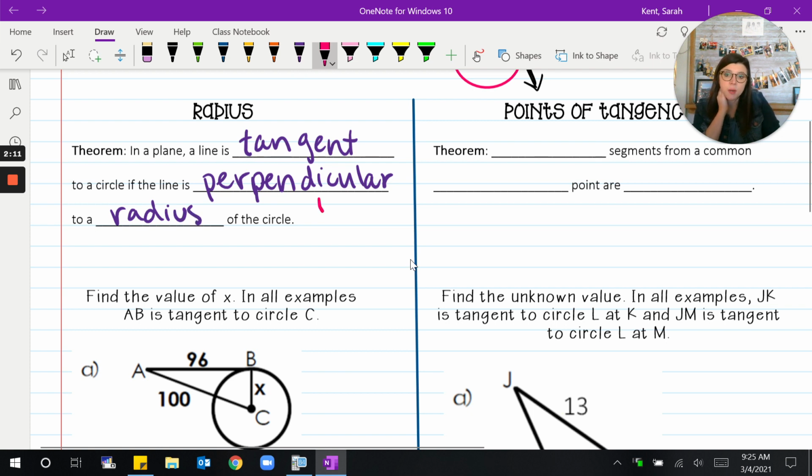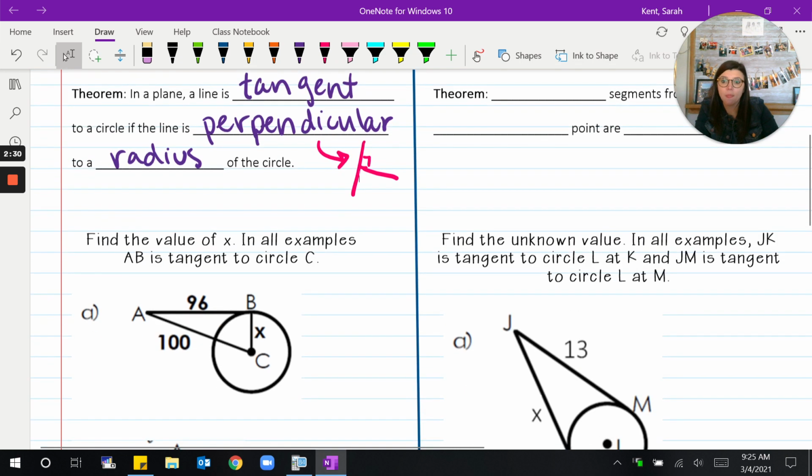So if we remember, perpendicular means that two lines meet at a 90-degree angle. So if our tangent line and the radius make a 90-degree angle, then we can use this theorem. So let's look at an example.